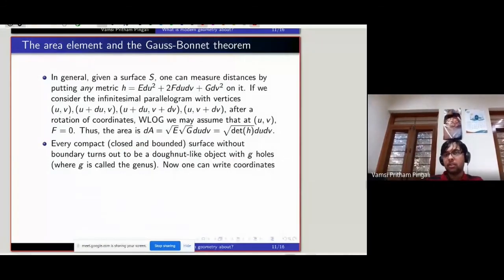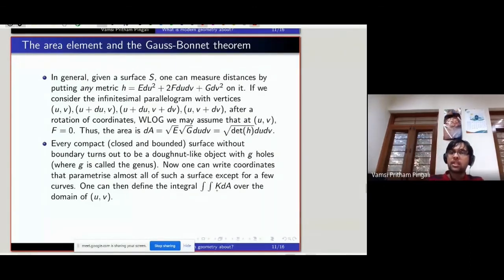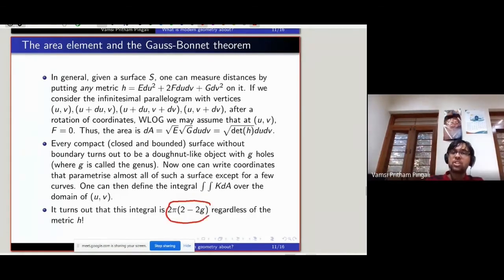The remarkable thing is, one can define this Gaussian curvature, which is a function on the surface, times this area. You can do this integration over this domain. And it turns out that this integral is 2 pi times (2 minus 2g).